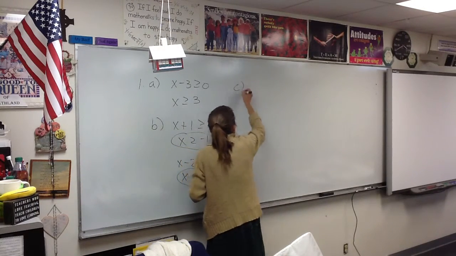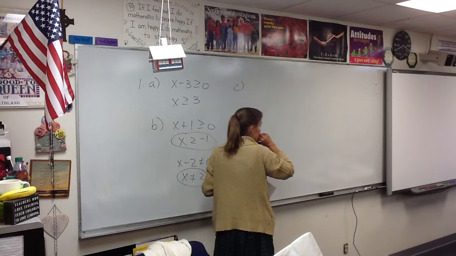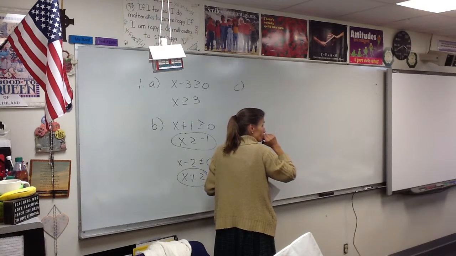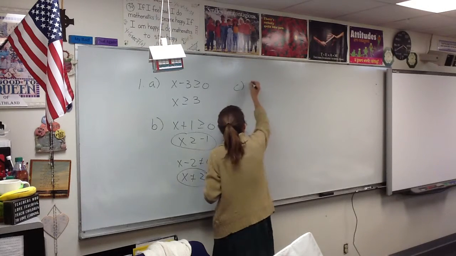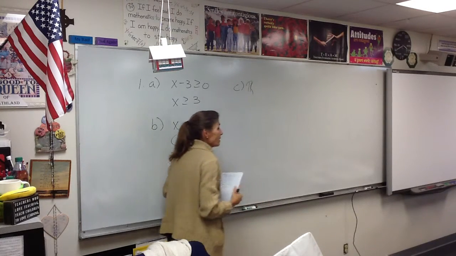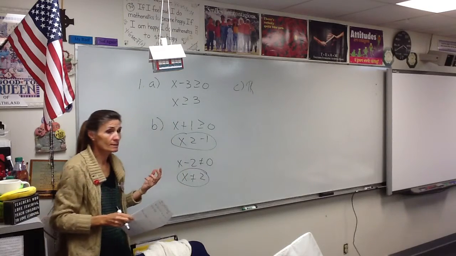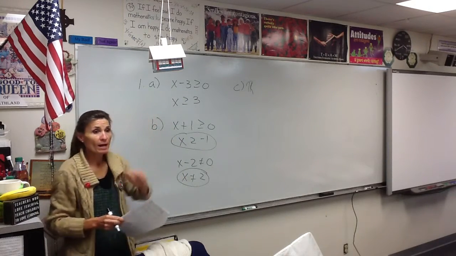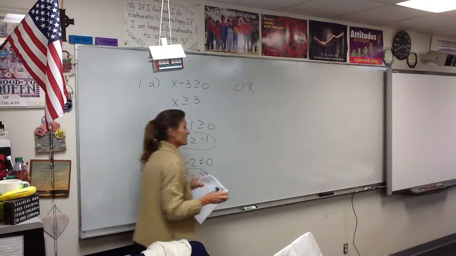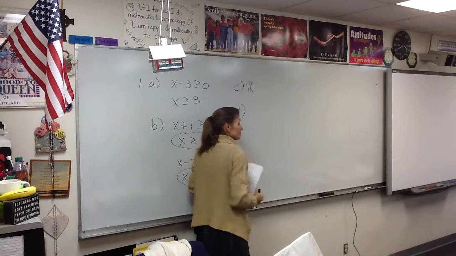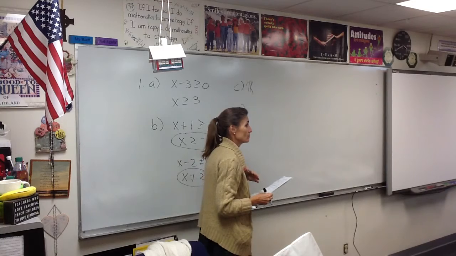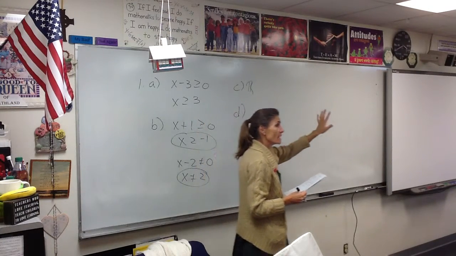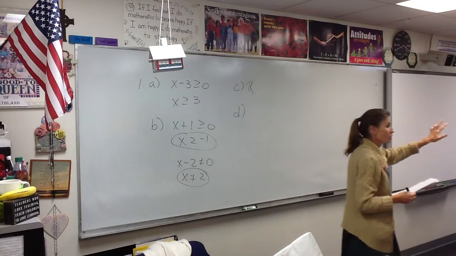C. All reals. Very good, Savannah. Thank you. And why is C all reals? No fraction, no radical. How about D? Now wait, time out. Is the 3x plus 1 involved in this discussion?